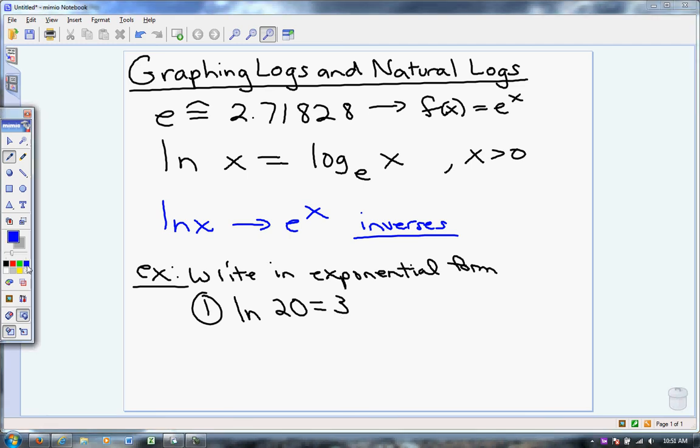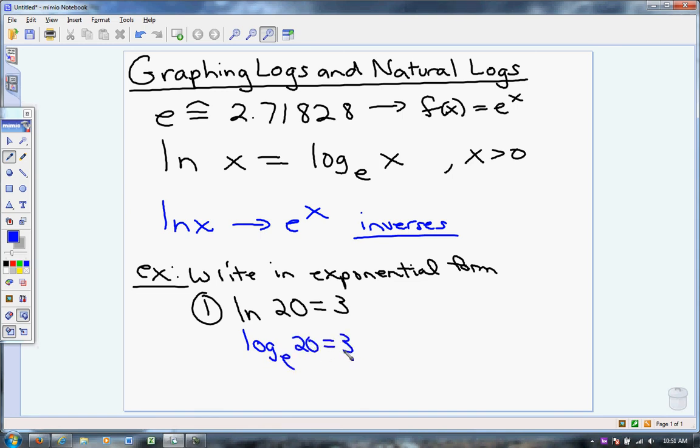The first thing you have to do is rewrite it as log base e of 20 equals 3. That's the first step. And then you just do the switcheroo. All right? It's e to the third equals 20. All right? And we've written it in exponential form. All right? Pretty easy. You'll have some of those tonight.